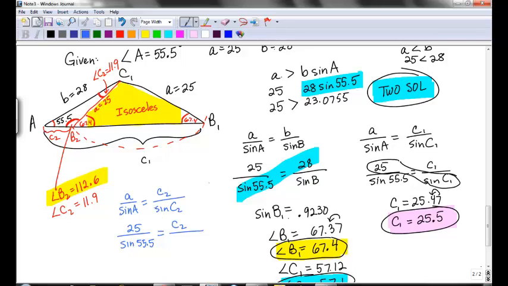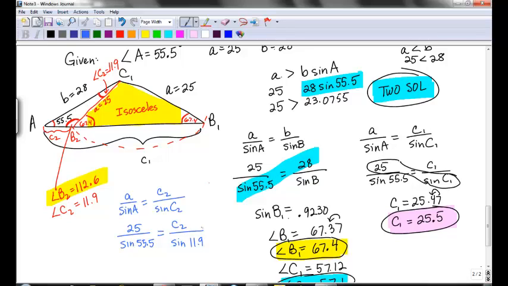Did we store that? We still got it on the calculator. It was 11 point. We round it for the paper, but I've still got the full value on the calculator. So we need 25 times the sine of that answer, and then divide by sine of 55.5.